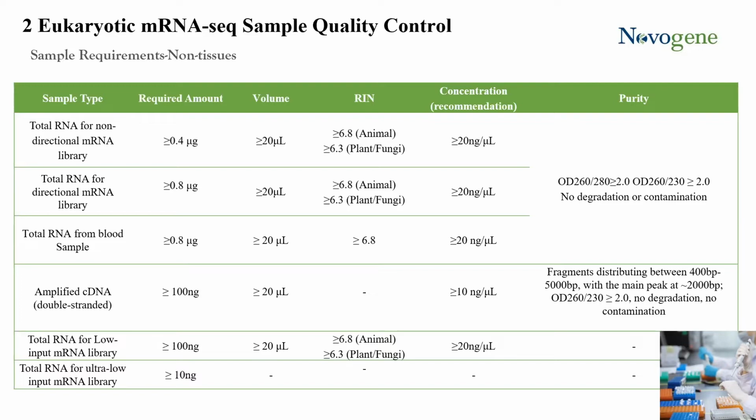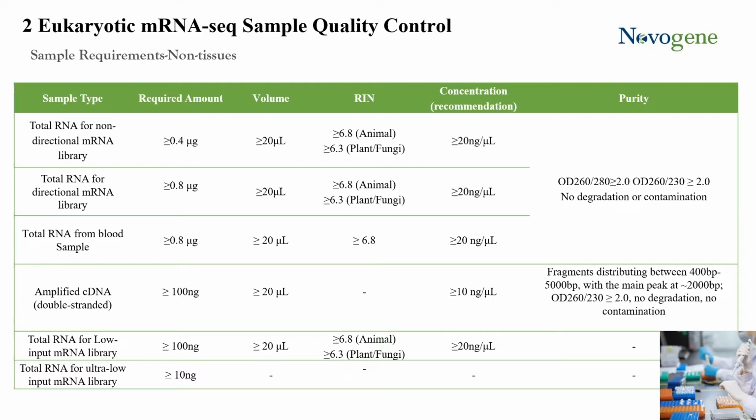When you submit, we recommend submitting greater than or equal to 100 nanograms of double-stranded cDNA at a volume of greater than or equal to 20 microliters and at a concentration of greater than or equal to 10 nanogram per microliter. If you're submitting double-stranded cDNA, we encourage clients to run their samples on an Agilent Bioanalyzer or a TapeStation to look at the fragment size distribution.